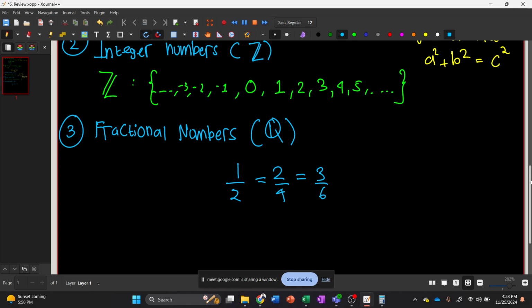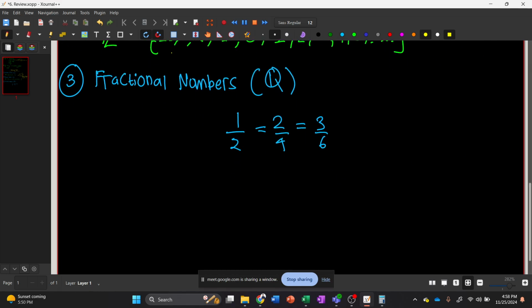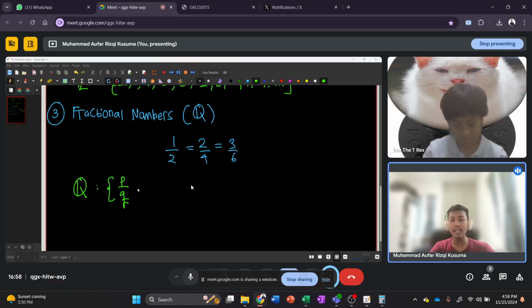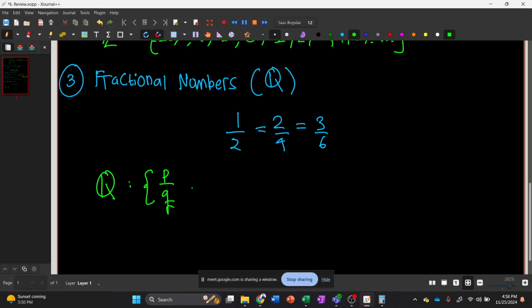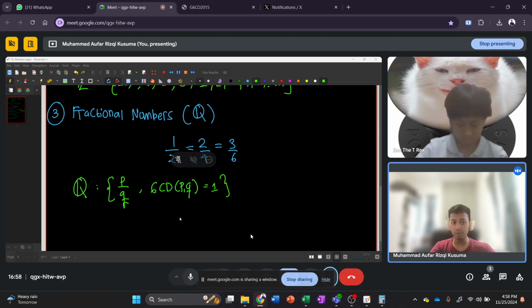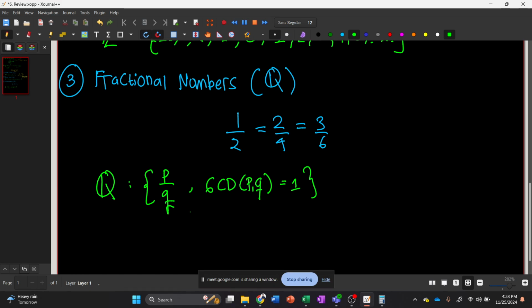So fractional numbers are defined as P over Q, where the greatest common divisor (GCD) of P and Q is equal to 1. So this is the fractional numbers: 1 over 2, 2 over 3, 3 over 4.